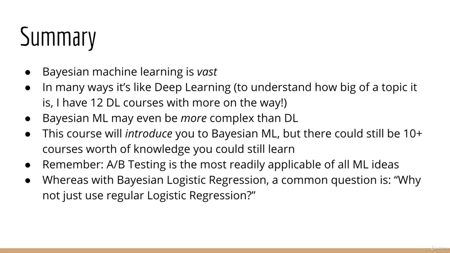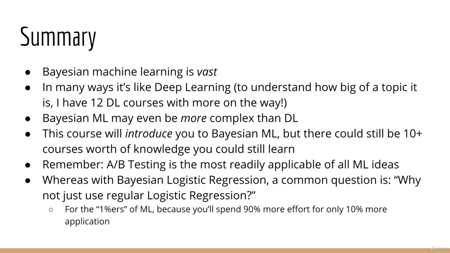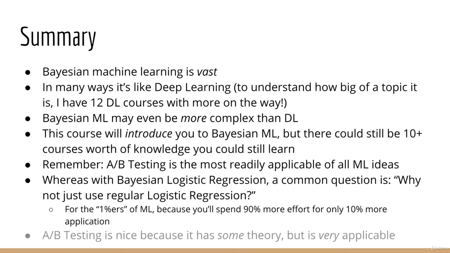In that sense, it's a topic which is more appropriate for the 1%ers of machine learning, because you have to spend 90% more effort to get 10% more real-world application. In other words, if you're a beginner, then you probably don't want to go that far just yet, because you'll need lots of theory with not much return on real-world applicability. Whereas with this course, there is some theory, but at the same time, everything is super applicable to the real world.